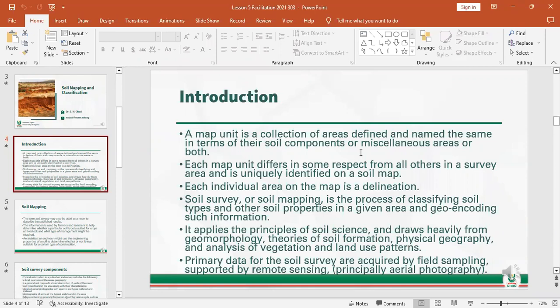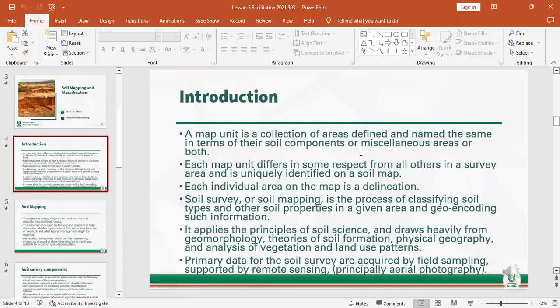Soil survey, or soil mapping, is the process of classifying soils or soil types and other soil properties in a given area, as well as geocoding such information. It applies the principles of soil science.